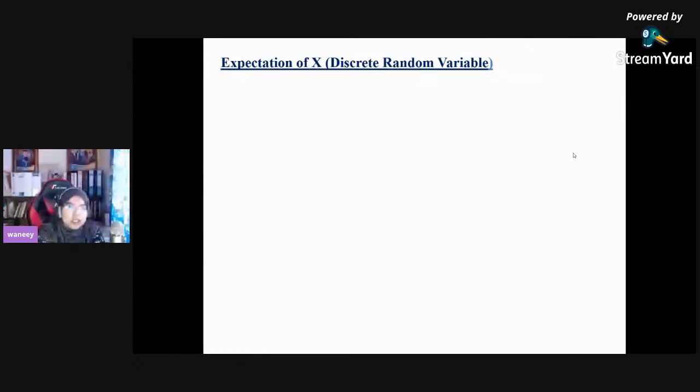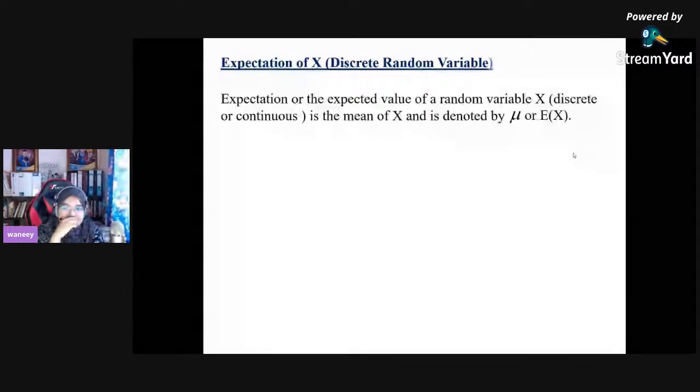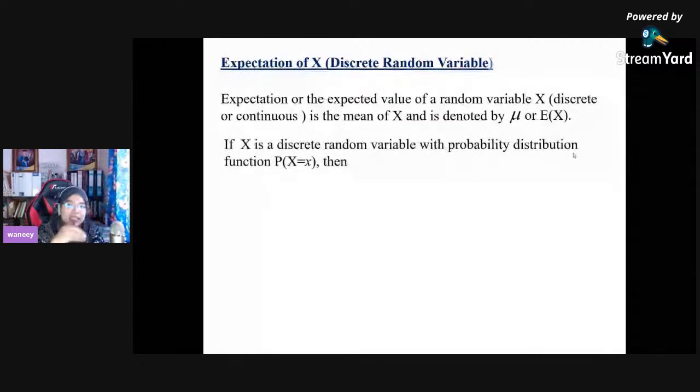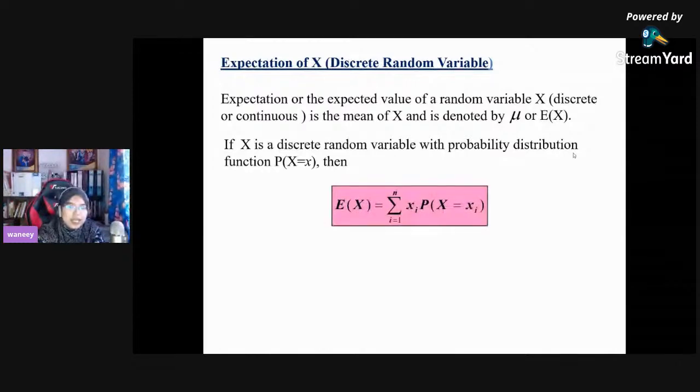Okay, so the expected value of a random variable x is simply the mean of x and denoted by mu or E(x). If x is a discrete random variable with probability distribution function P(X = x), then the expectation of x is simply the summation of x times P(X = x).